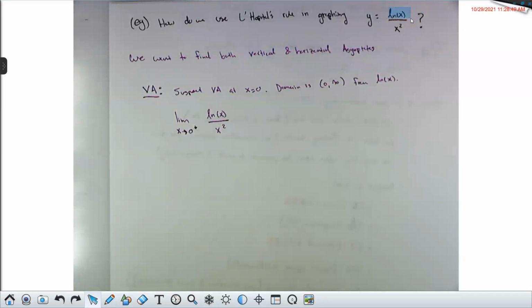If both the top and the bottom are 0, or both the top and the bottom go to infinity at any particular x value, then you would need to investigate with a limit. Now here, what's actually happening is not that bad, but I still claim it's worth looking at carefully a little bit because both of those functions do something weird at 0. The bottom is equal to 0 when x is 0, which is a problem, and the top is undefined when x is 0, which is a problem.